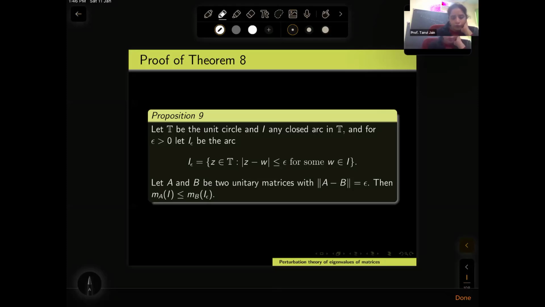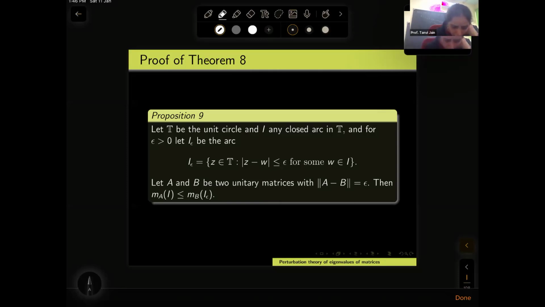We are talking of unitary matrices, so we are really interested in just working on the unit circle. Let T be the unit circle, I an arc on the unit circle, and take the norm of A minus B to be epsilon.